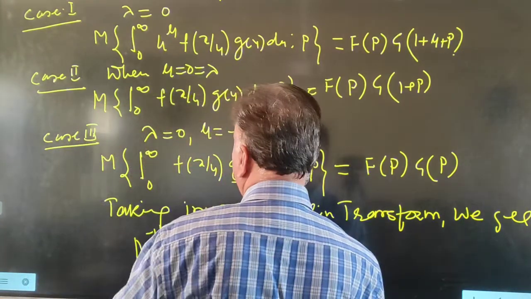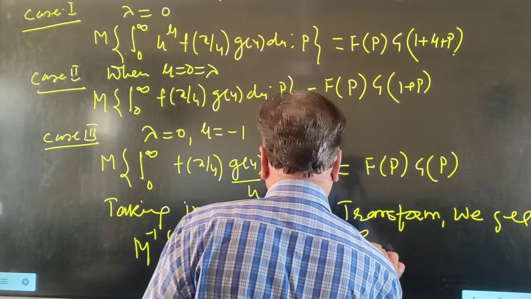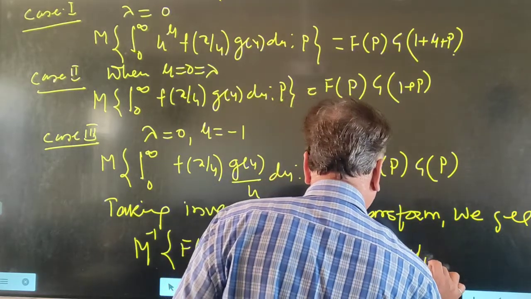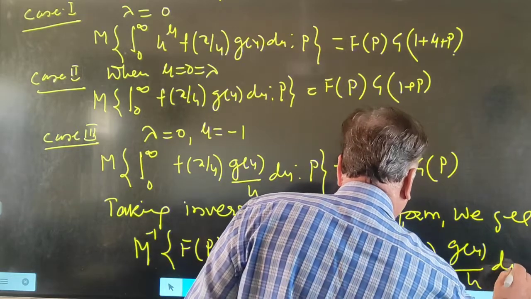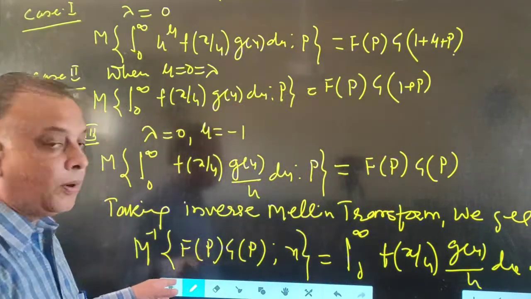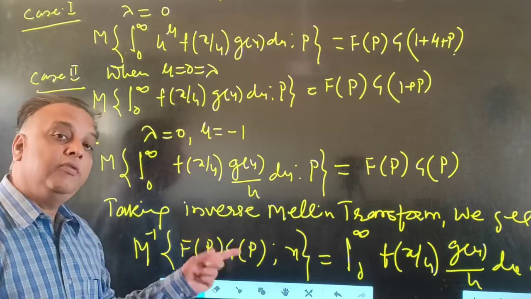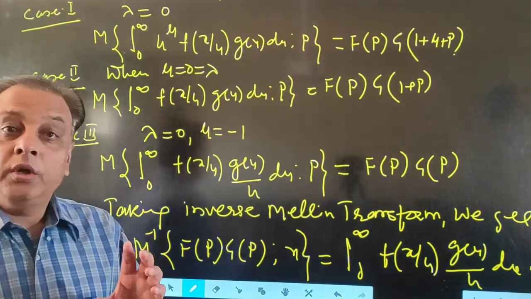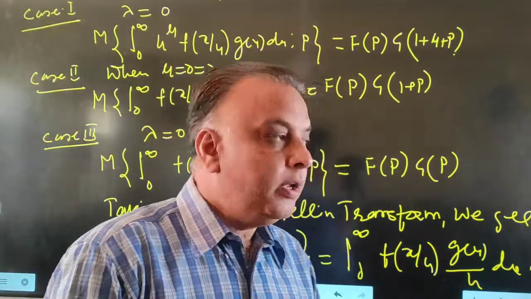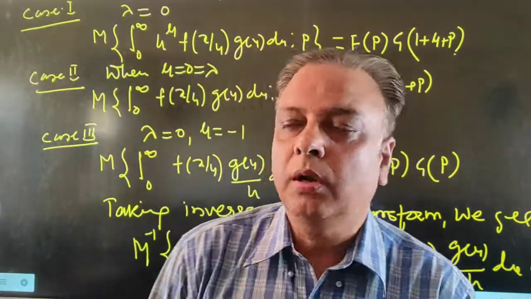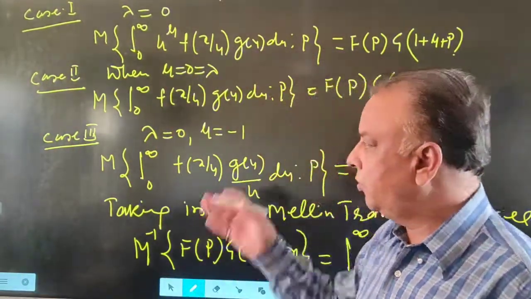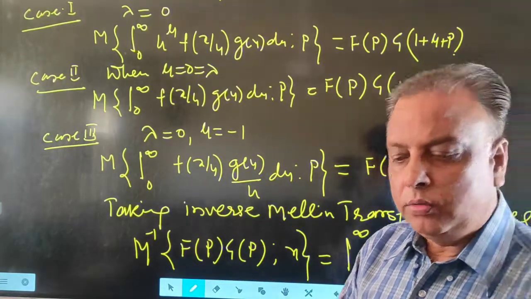This is equal to integral 0 to infinity f of x upon u g of u upon u du. This important result is used in the inverse Mellin transform, which is of great importance. So in this manner we can find the Mellin transform of some important functions which is given in this form. Thank you very much.